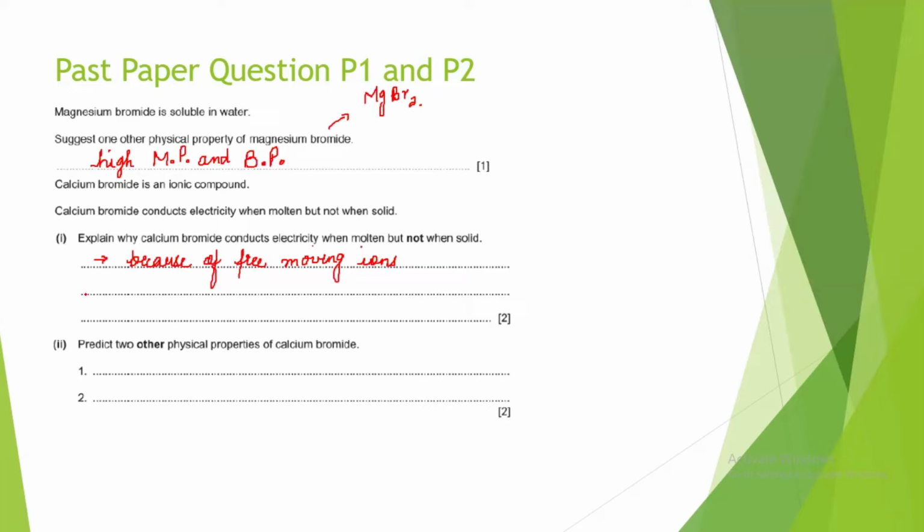But in solid, there is no free moving ion. Predict two other physical properties of calcium bromide.